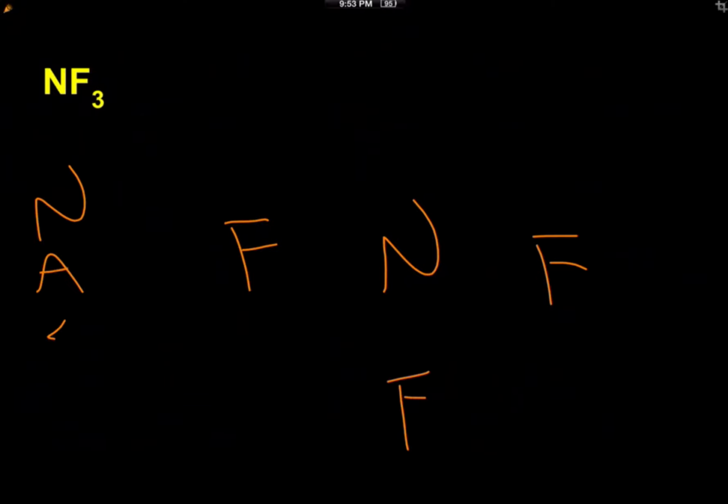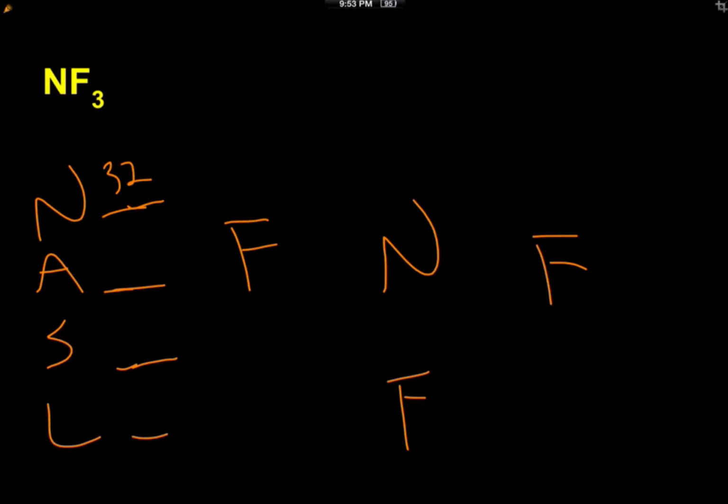Okay, here's another one, NF3. Now nitrogen, unlike boron, is not satisfied with 6 electrons, so we're going to do our NAS, just like we would with any of the other elements. We've got a total of 4 atoms. 4 times 8 is 32. Each of the fluorines contributes 7 valence electrons.